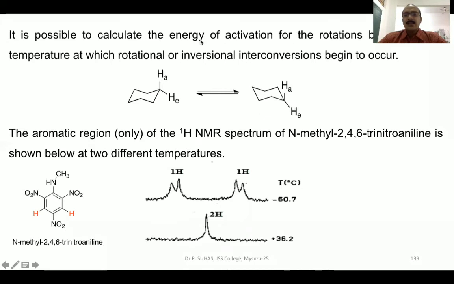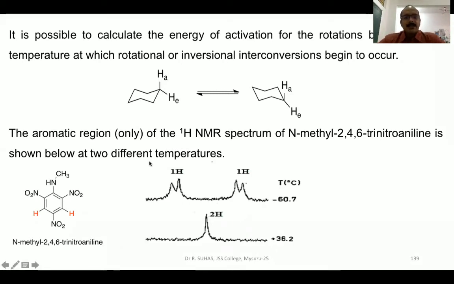As a result of that, the energy of activation is also changed. So here you have energy of activation X, and here you have energy of activation Y. If you get both energies of activation, we can clearly say that the cyclohexane at room temperature will involve ring flipping or inversional interconversions. This is another application of variable temperature NMR.